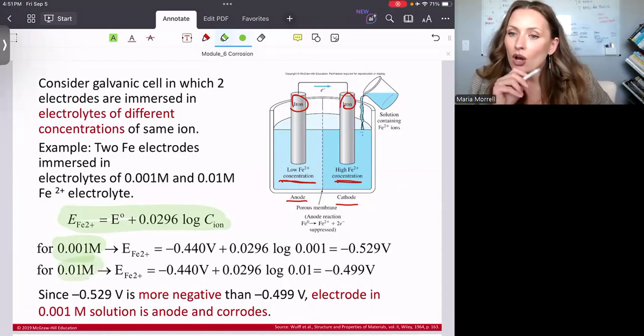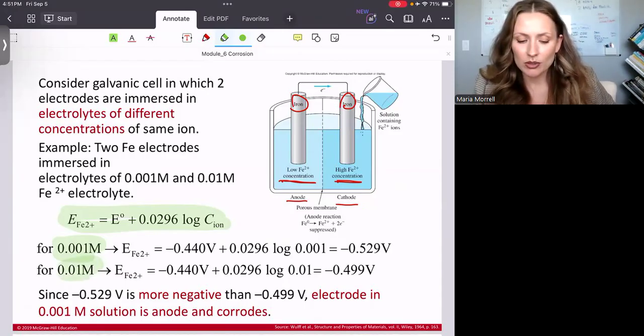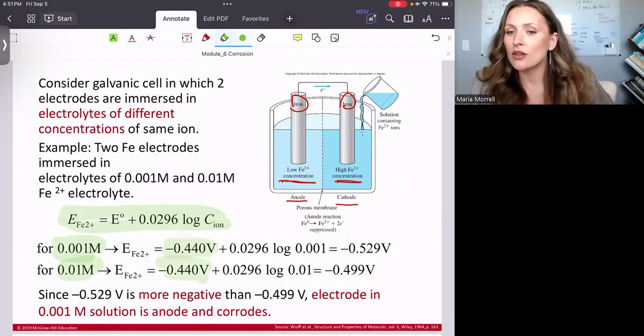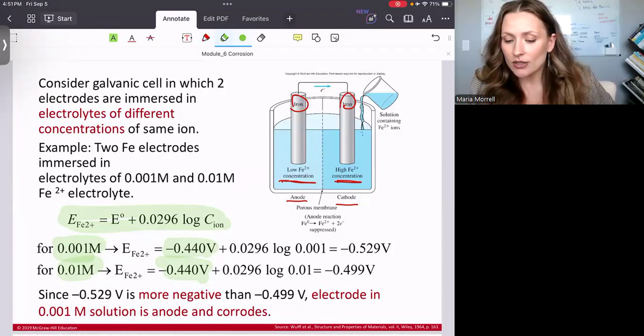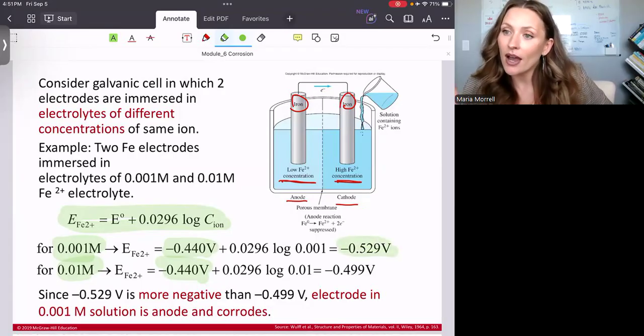If you plug in the math, which I'm not going to be doing, this would be the constant, the potential if the concentration was 1 mole. But if the concentration is dropping and we plug it into the log, you will see that the right hand side, where you have a higher concentration of iron, has a different potential than the left hand side.